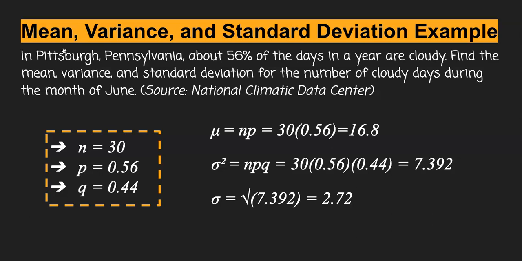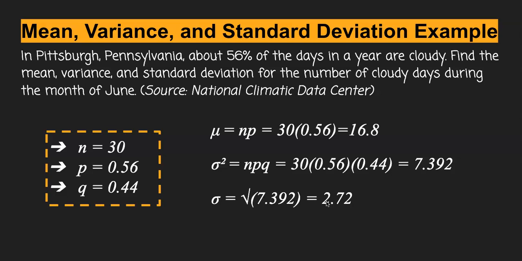Now, what we can say is that this binomial distribution has a mean at 16.8, but it is spread out with a standard deviation of 2.72. And remember the outlier rule; in this case it would be okay to use it. The goal was to find mean, standard deviation, and variance, so we're done with the problem.